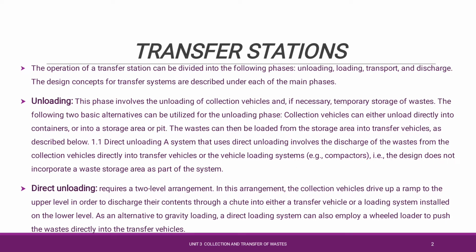In this unloading pattern, it is usually done by the direct method. The waste from each individual vehicle is driven up a ramp by means of gravity loading. The waste is directly loaded through the hopper into the larger vehicle.